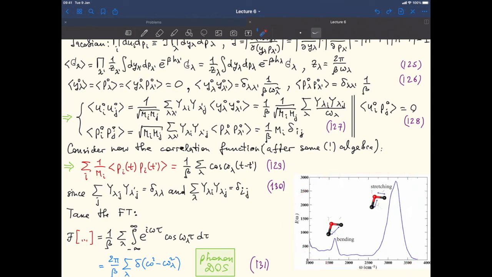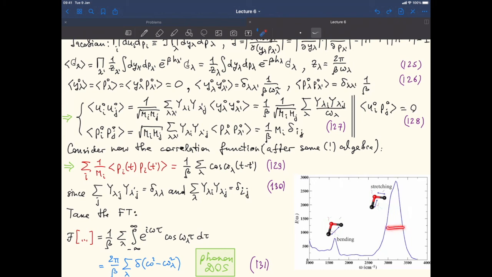So we have a box with water molecules. This is a liquid, and it is not a crystal, and therefore it is not a harmonic system at all. However, we do see here two peaks at these particular frequencies, and these correspond to the well-known vibrational modes of the water molecule, bending and asymmetric stretching.